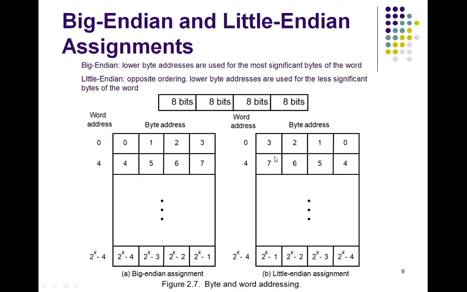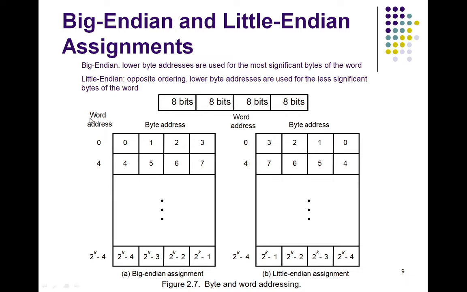So here you can see the successive words, like 0, then 4, then 8. Here also the same: 0, 4, 8, 12. So always these byte addresses or word locations are successive words in the memory, and these are the addresses which are used when specifying the memory read and the memory write operations for the words.